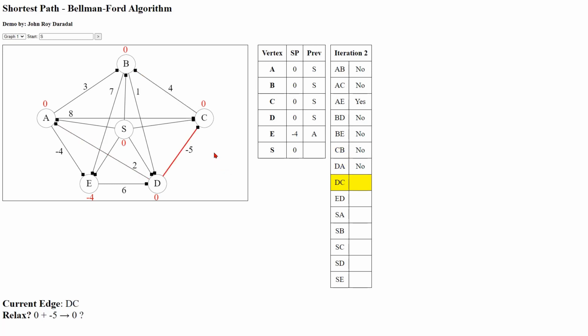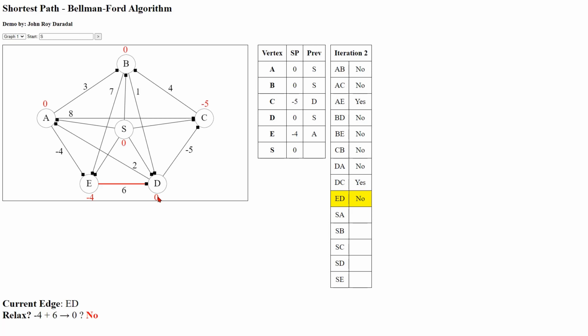How about DC? This one will actually relax, because that's 0 minus 5, so that's negative 5, and that is better than 0, because negative 5 is smaller. So we will relax this one. So C becomes negative 5 with the previous of D. Okay, so we change it here. ED, will we improve this one? That's negative 4 plus 6, so that's 2, but that is not better than 0, right?